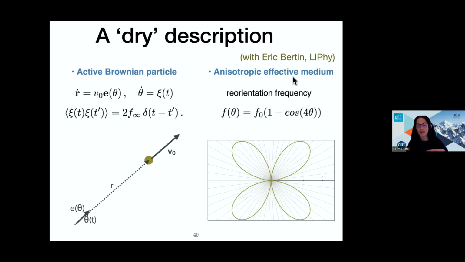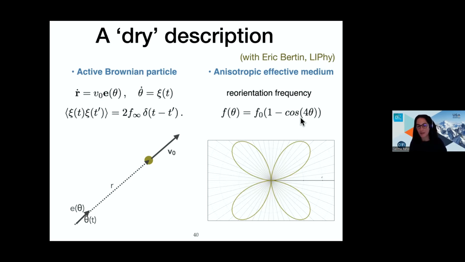So instead of trying to model the pillars, what has been added to the model is that the frequency of reorientation will have this shape. We just increase the frequency of reorientation, the probability of reorientation, in the direction corresponding to 45 degrees, the diagonal direction in the pillars.